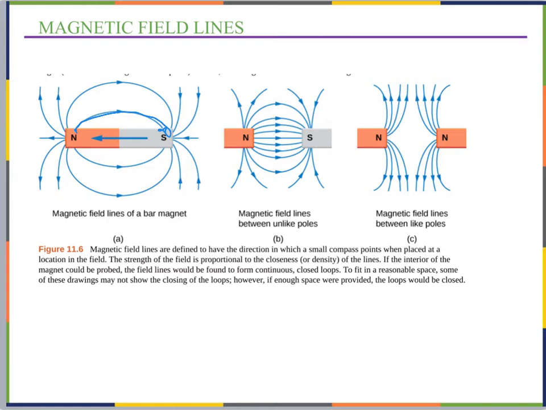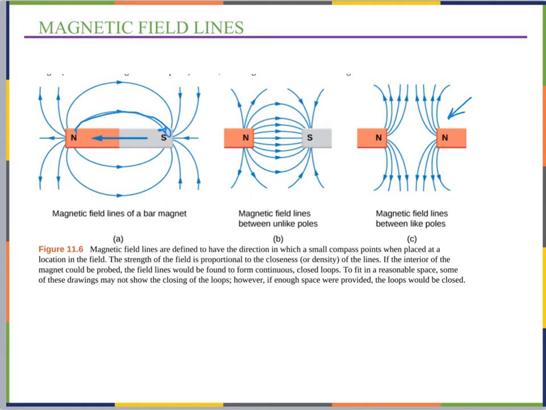Here we have two unlike poles close to each other, and we see the magnetic field lines going between them. And this is more representative of the fact that they're attracting each other, where you can see the repulsion in the third picture when you have two like poles close to each other.